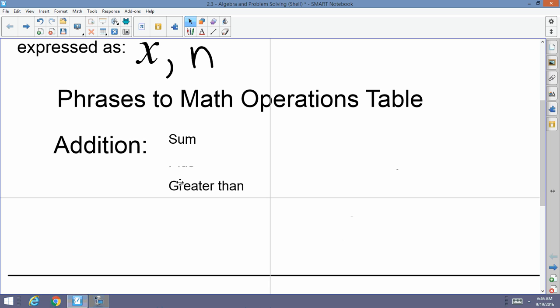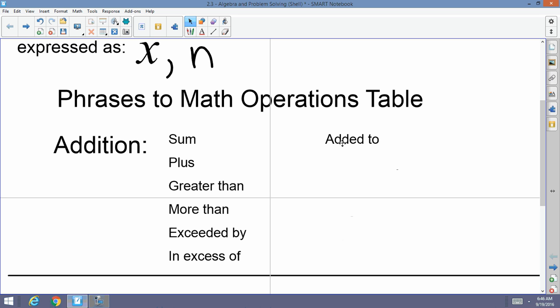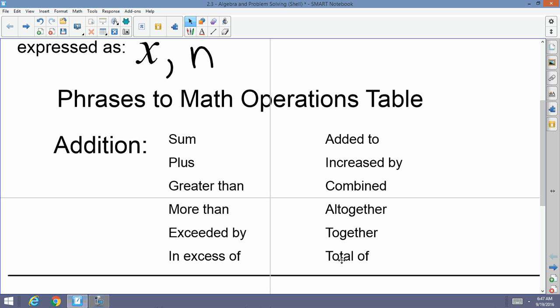Plus, greater than, more than, exceeded by, in excess of, added to, increased by, combined, altogether, together, and total of. All of these words or phrases indicate addition.